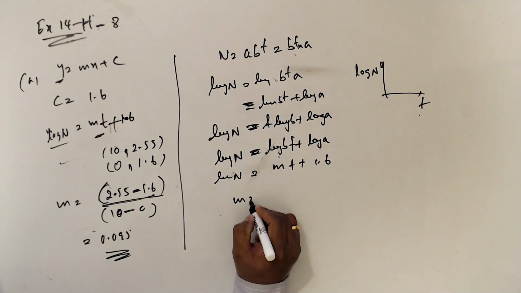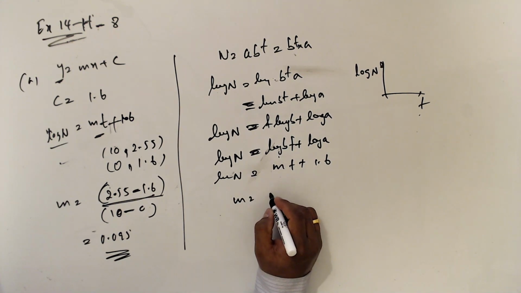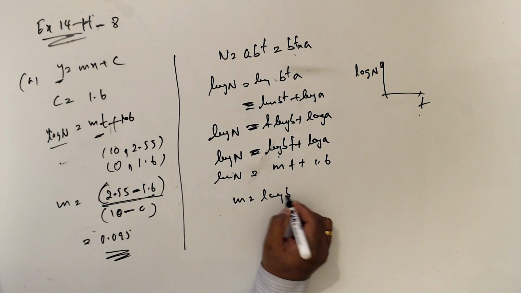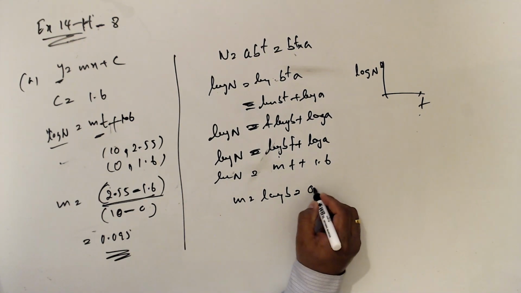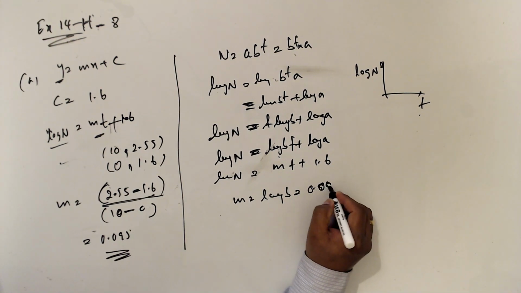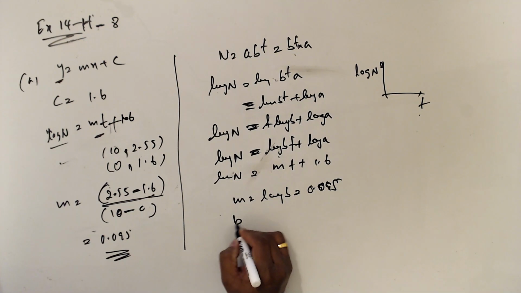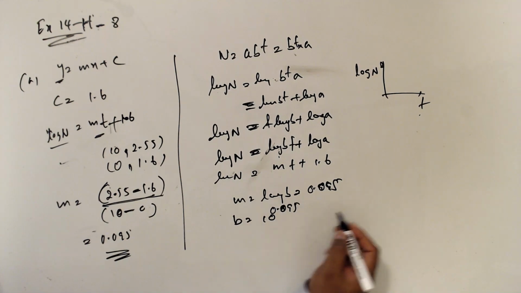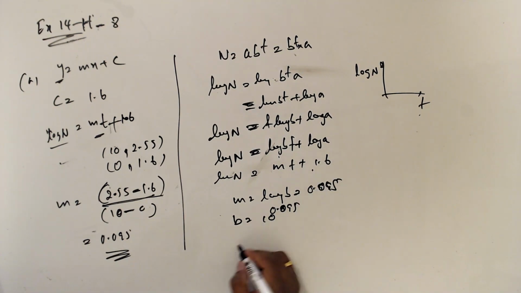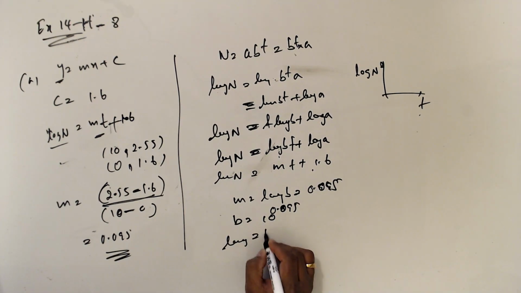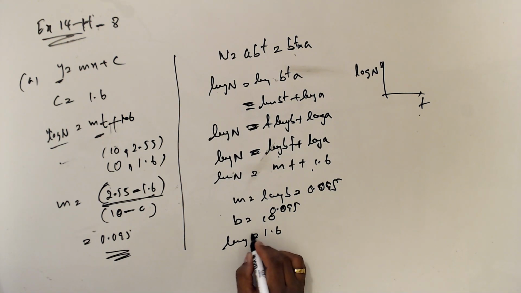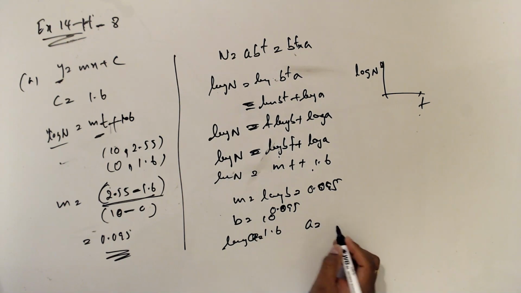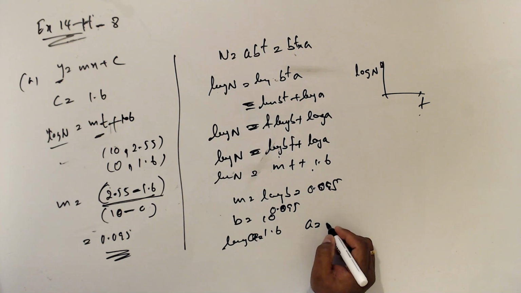So m equal log b equal 0.095, b equal 10 to the power 0.095, and log a equal 1.6, a equal 10 to the power 1.6.